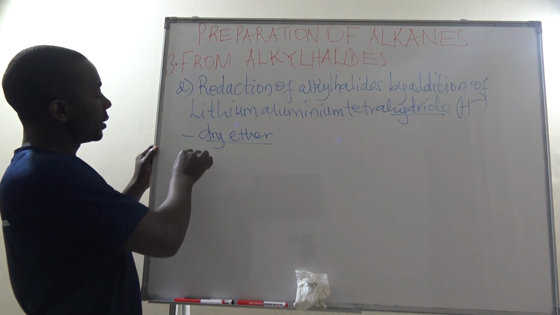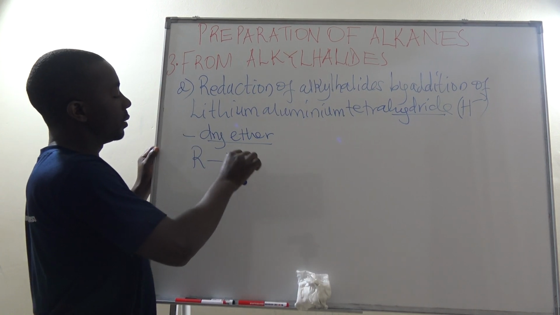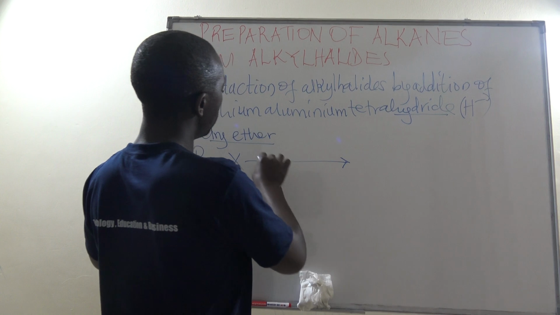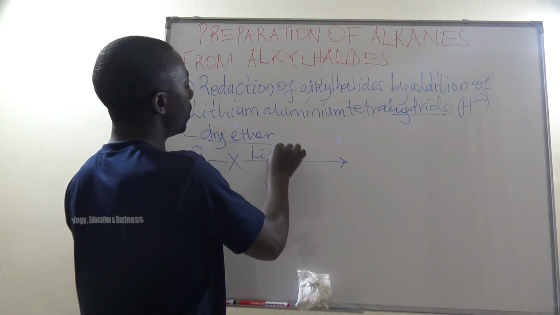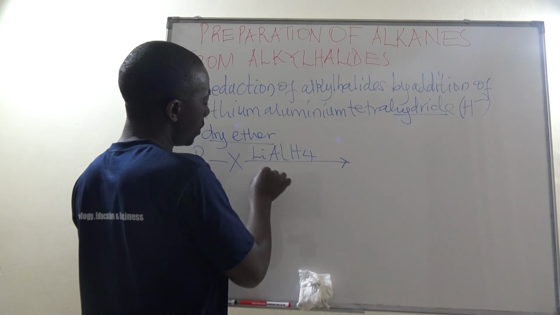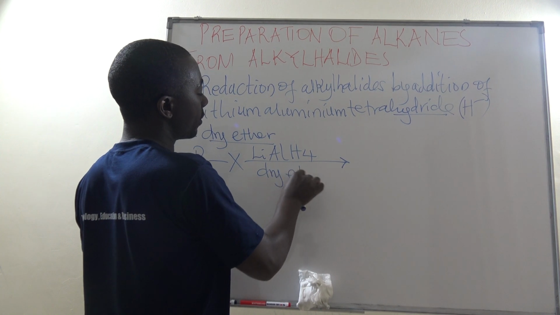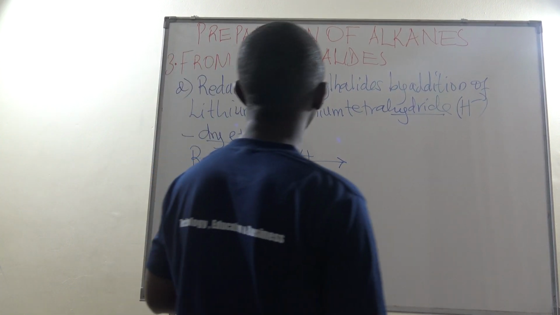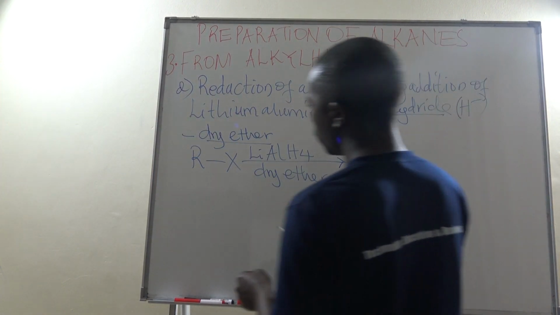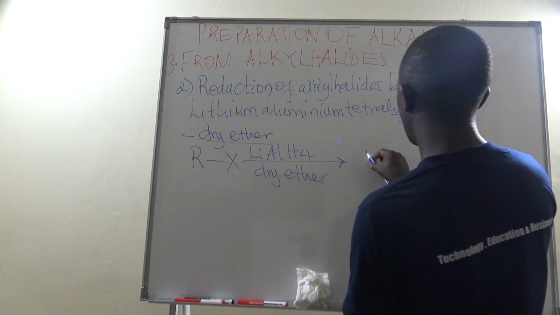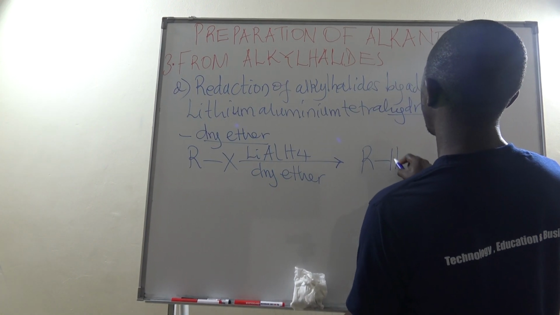So if we react this alkyl halide with lithium aluminium tetrahydride in the presence of dry ether, then we shall be able to obtain R-H.